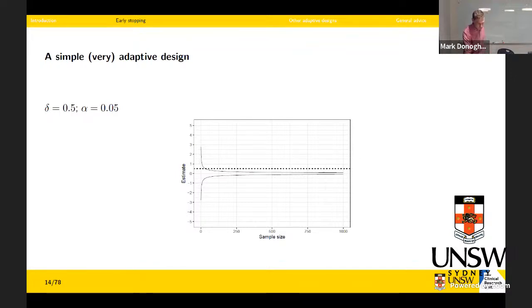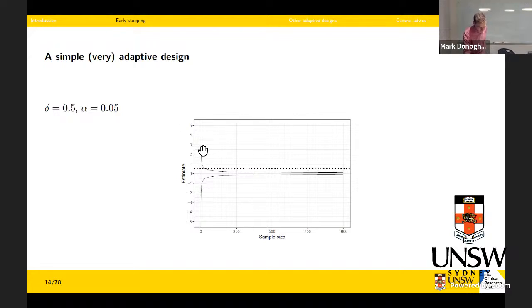So what we're going to do is set an alpha level of 0.05, which is what a lot of people use. We're going to compute a p-value at every sample size. So after each new set of observations, we're going to compute the p-value. And if our p-value is less than this alpha level of 0.05, we're going to stop the study, just like our design told us to do.